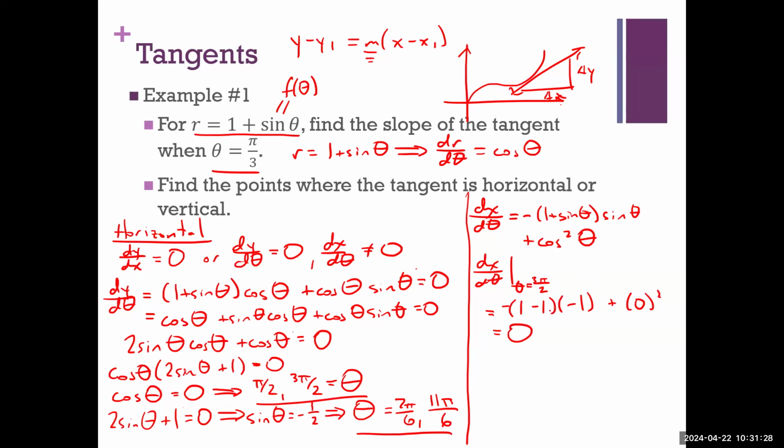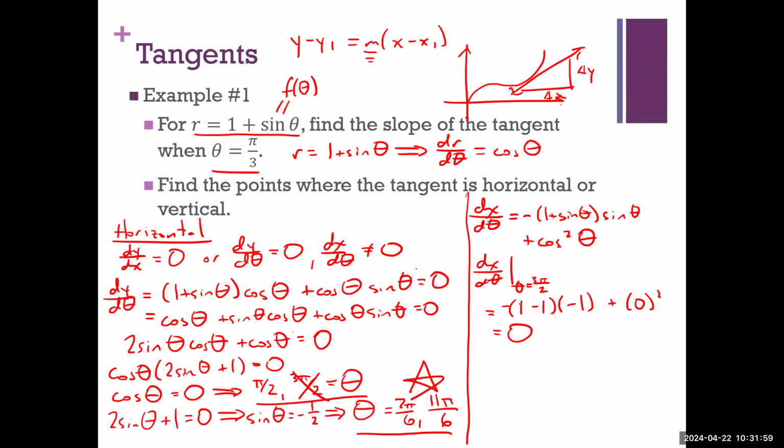So what does that tell us about that angle we found, 3 pi/2? Yeah, we're gonna have to discard it. So I will leave it to you to try these last two angles.